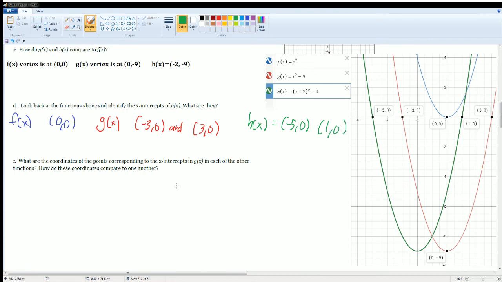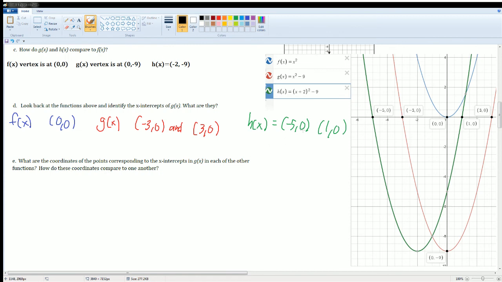What are the coordinates of the point corresponding to the x-intercept and g of x in each other's function? How do the coordinates compare to each other? If you look at this, you notice how they're apart here by a unit of 6.